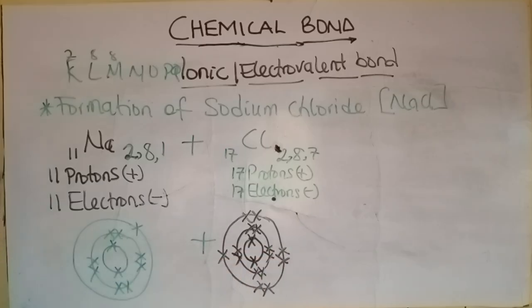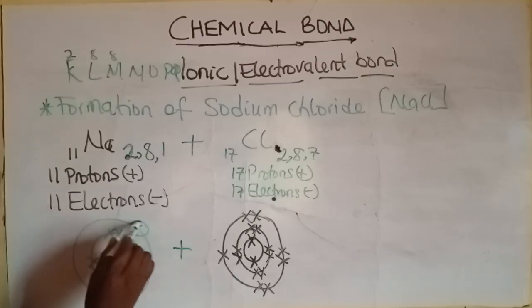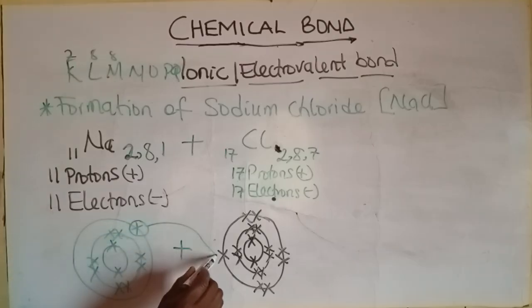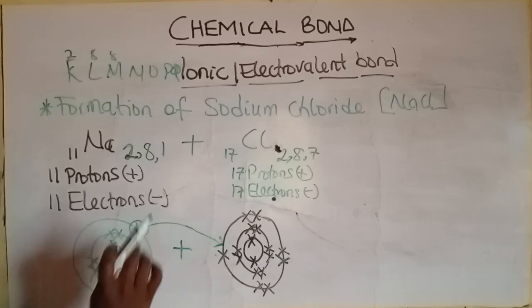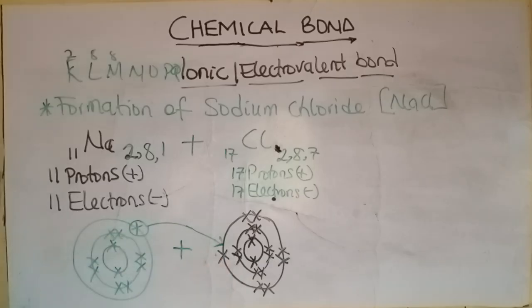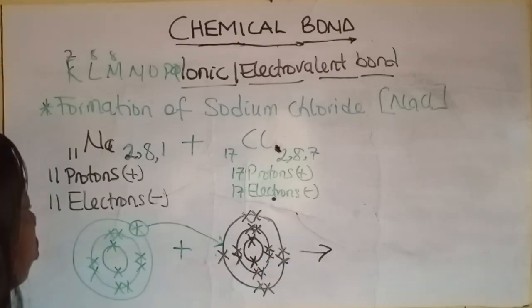Now what happens here is that sodium, being an electropositive element, willingly transfers this valence electron to chlorine, forming sodium ion. So here we now have sodium.